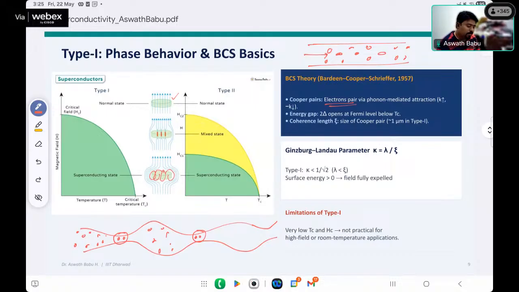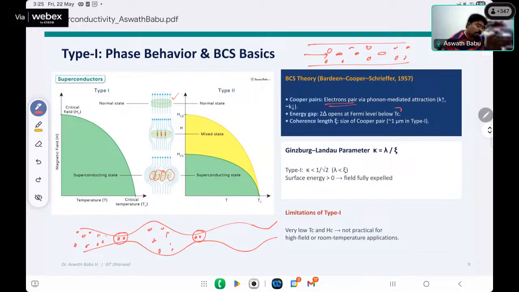The Fermi level ensures that there is a possibility of jumping of electrons from the valence band to the conduction band. If the gap between the Fermi level and the conduction band is too much, then there is no possibility of any conduction.